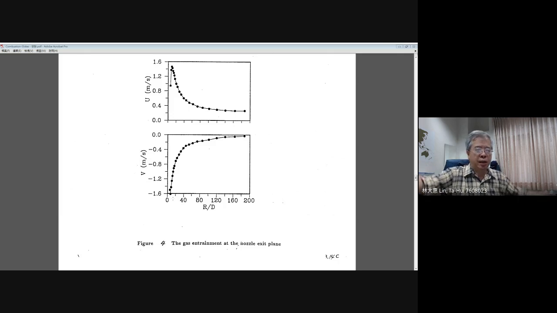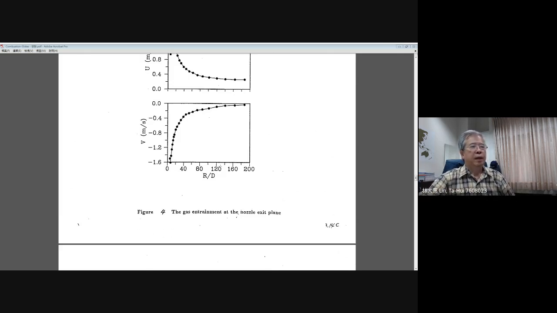Okay, in this case, the air basically is entrained into your spray cone. Okay, when you get closer, at the radial distance ratio around 10, they will give you a very large radial velocity up to 1.6 meters per second. And this behavior simply tells you there is an entrainment near the exit plane of your nozzle.